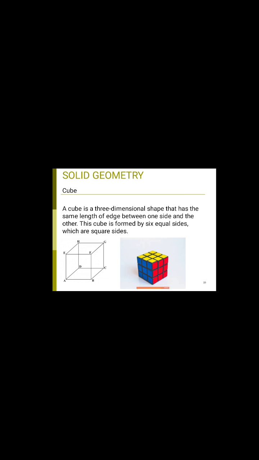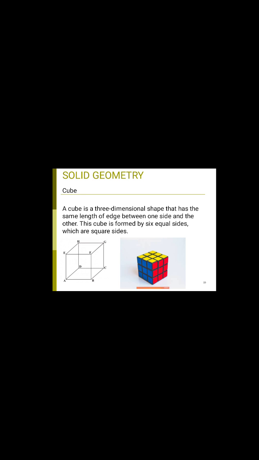Solid geometry. Cube. A cube is a three-dimensional shape that has the same length of edges between one side and the other. This cube is formed by six equal sides, which are square sides. The properties of the cube are as follows. First, the sides of the cube are square.